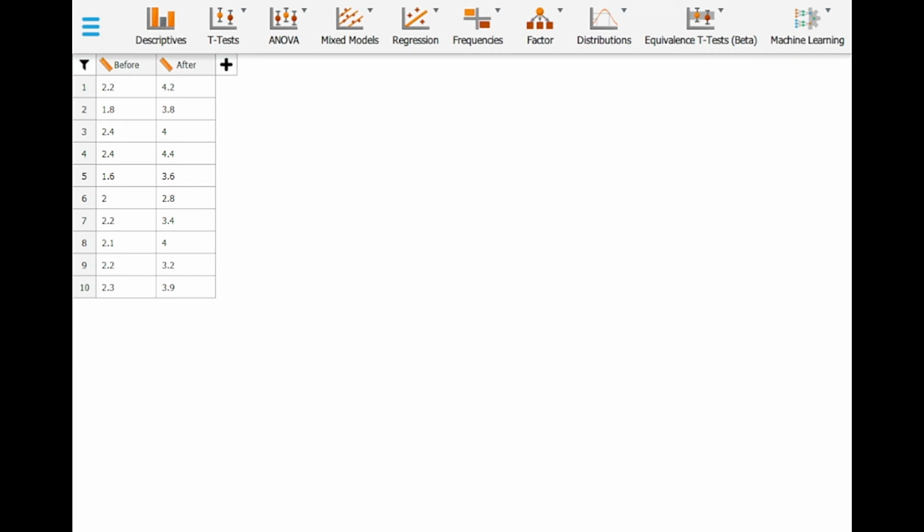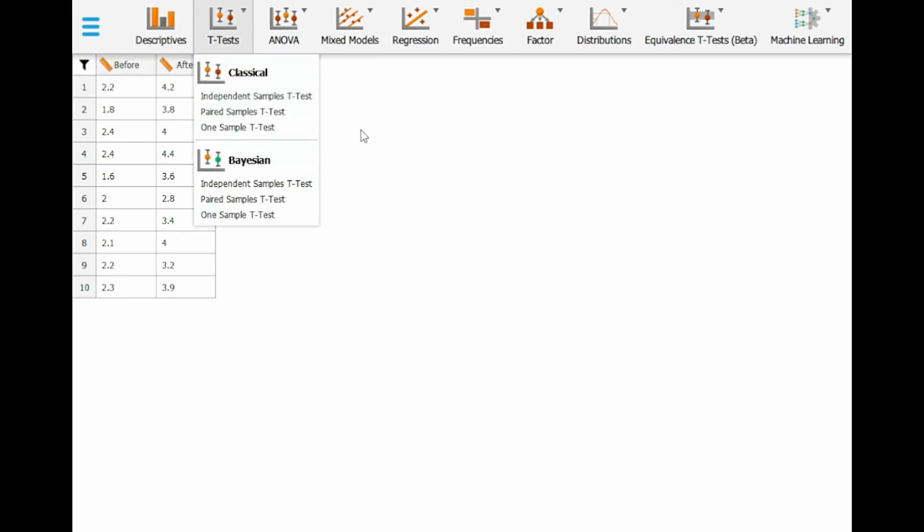Okay, so here's our data. You type it in Excel, in CSV in this format: before, then after, then type the values. So I have our n, which is 10. Then you go again to t-test, go to paired sample t-test.